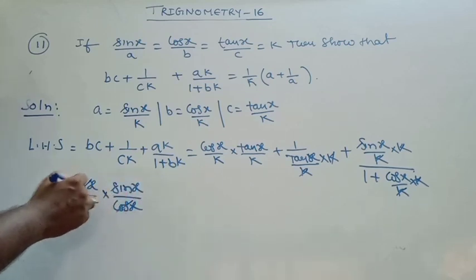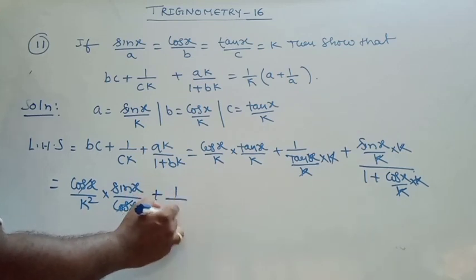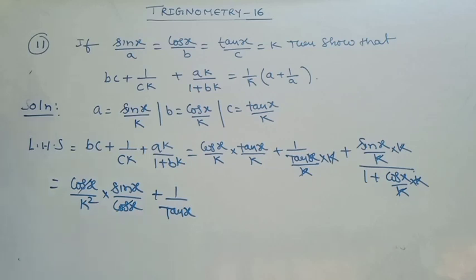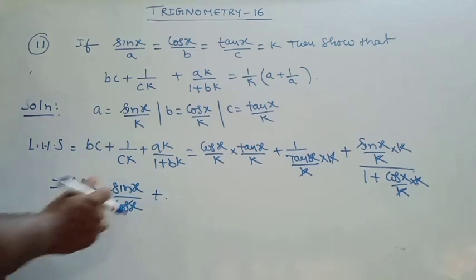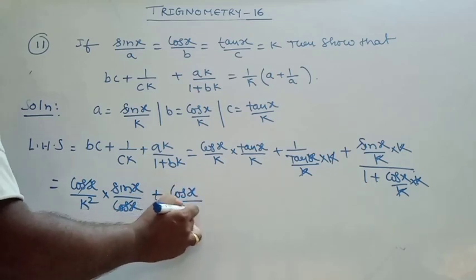This cos x and this cos x will be cancelled, and you have plus 1 by tan x. 1 by tan x is cot x, that we write as cos x by sin x, like this.